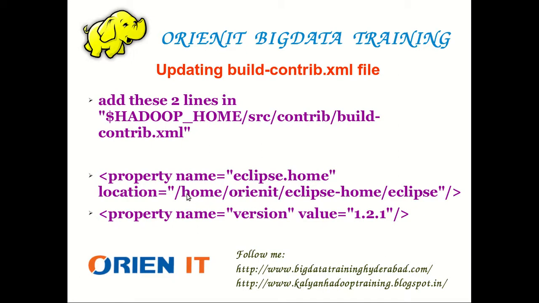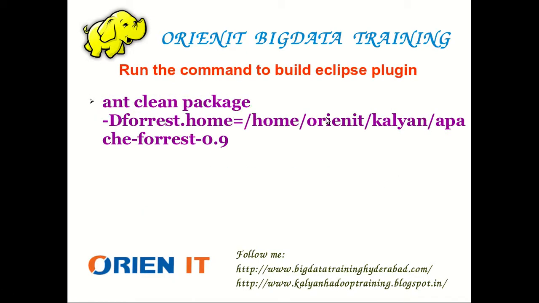For my installation, my Eclipse home is /home/user/eclipse-home, the place where I'm going to keep my Eclipse. And the version of Hadoop I'm going with is Hadoop 1.2.1. So make sure these two lines are added inside the src contrib build-contrib.xml.